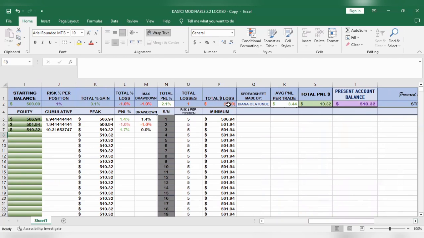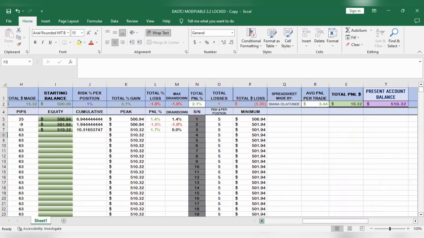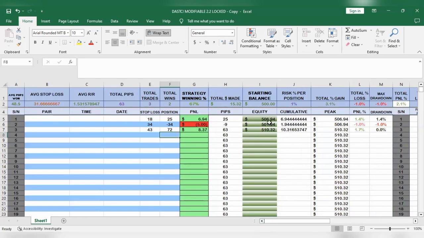The total dollar loss here is $5. So your equity is going to be the 506. Your equity is going to be the amount you made, which is going to remove both the profit and the loss that you made on those trades so far.